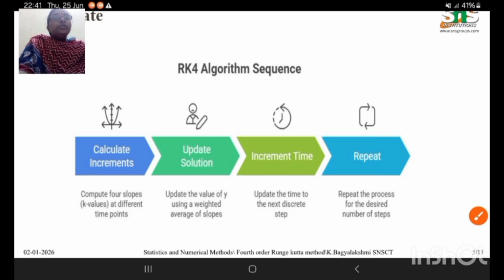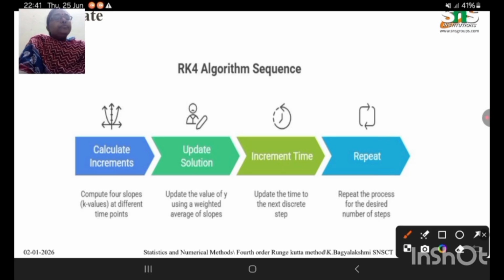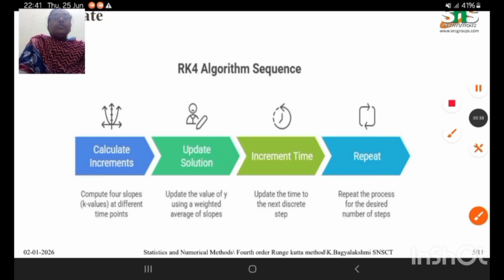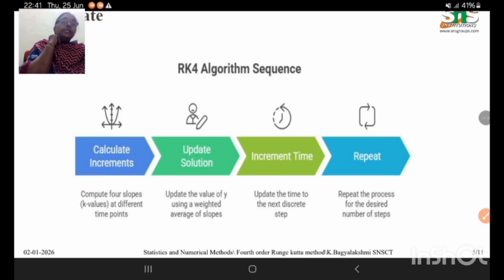Compute four slopes, calculate increments, compute four slope k values at different time points: K1, K2, K3 and K4. Each slope provides information about the behavior of the solution at different locations within the interval. The weighted average of these slopes is then used to obtain a highly accurate estimate.